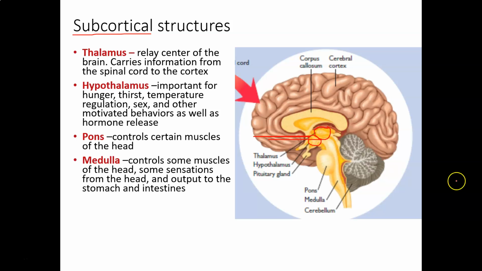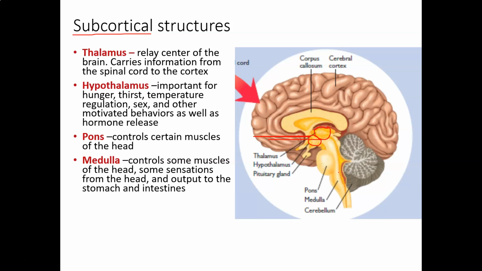The medulla, which sits right below the pons, right here, controls some muscles of the head, but its primary function is to control vital functions of the organs. It has a massive nerve that goes into what's called the viscera, your gut, and it controls things like digestion, heart rate, breathing, and diaphragm control.